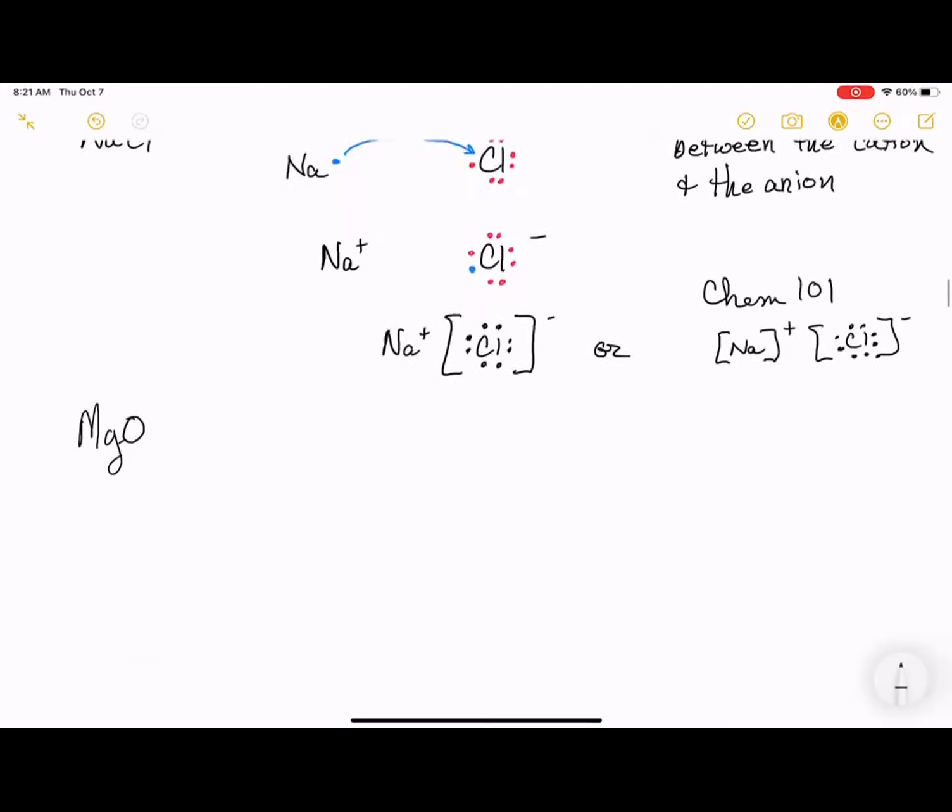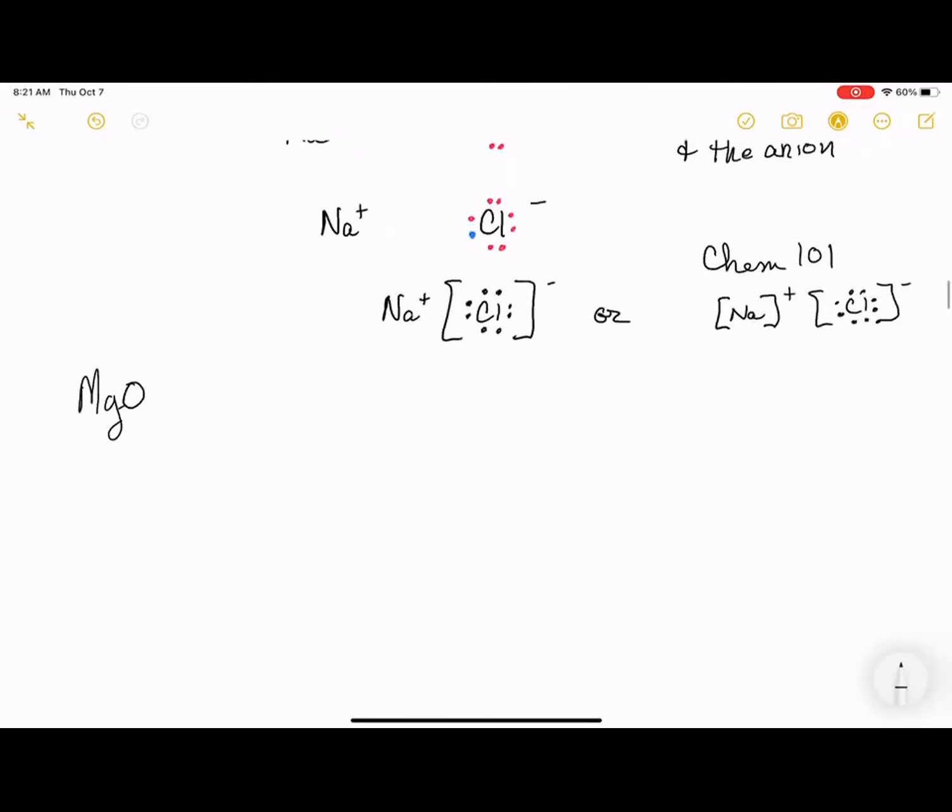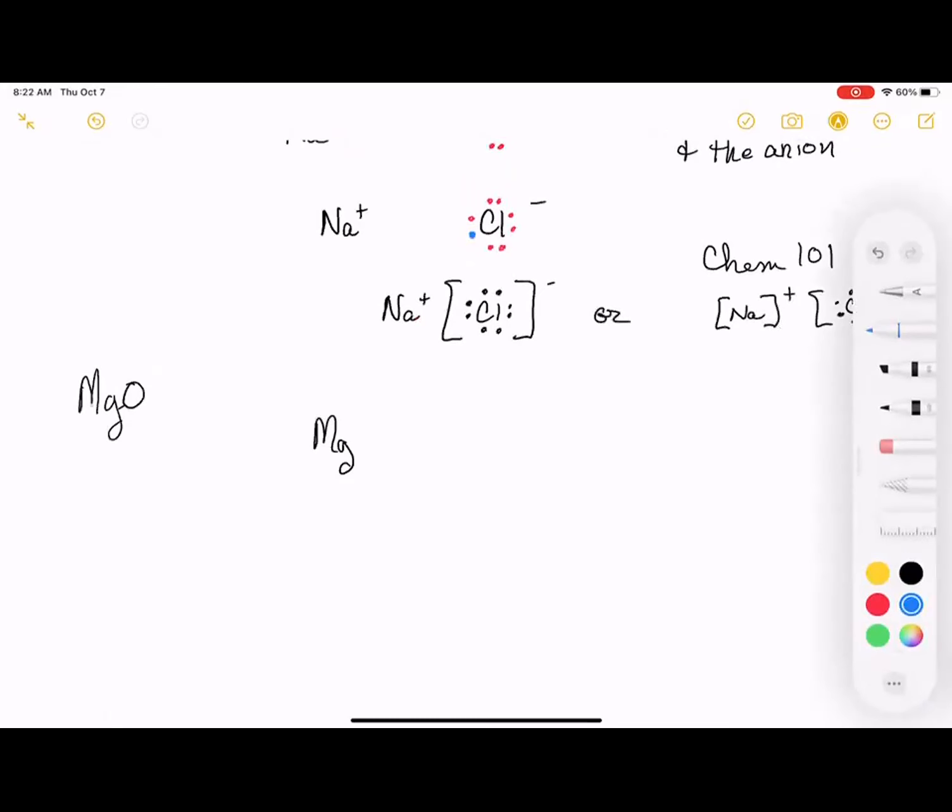Let's look at another example. Let's look at magnesium oxide. So magnesium is in group 2, so it has 2 valence electrons. Oxygen is in group 16, so it has 6 valence electrons.